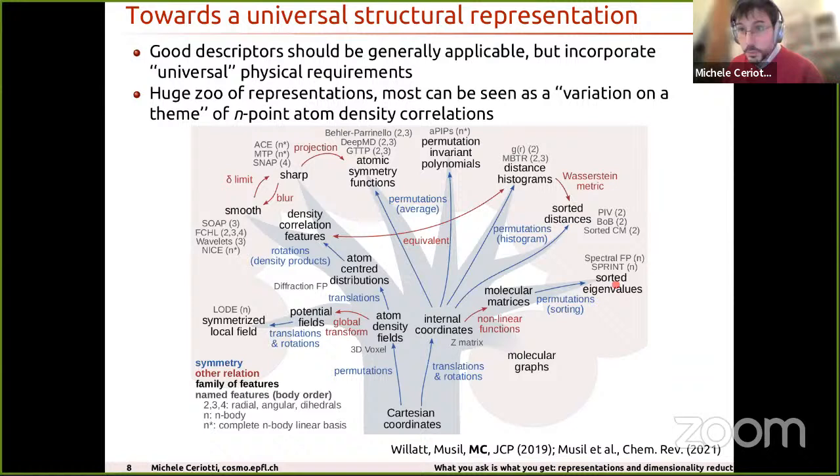And this is, of course, because this is a very important problem, but at the same time, even though most of these have been developed independently, it turns out that the requirements of all of these fundamental symmetries, smoothness, and so on and so forth, actually make all of these frameworks closely related to one another.